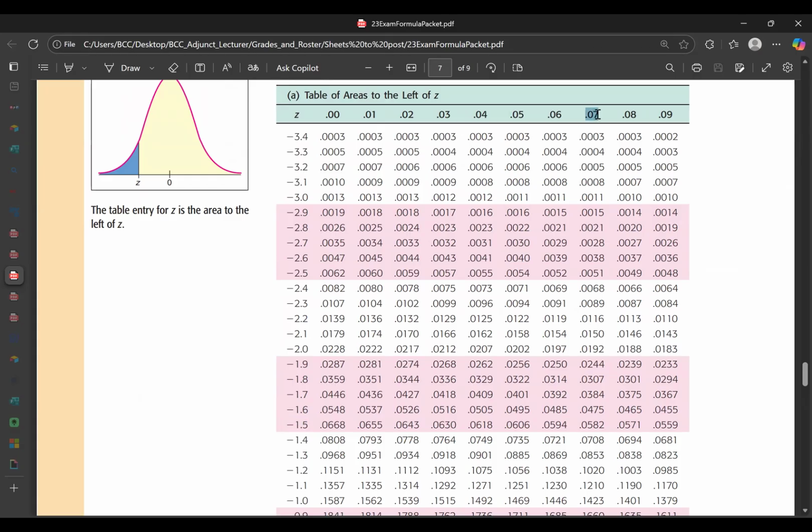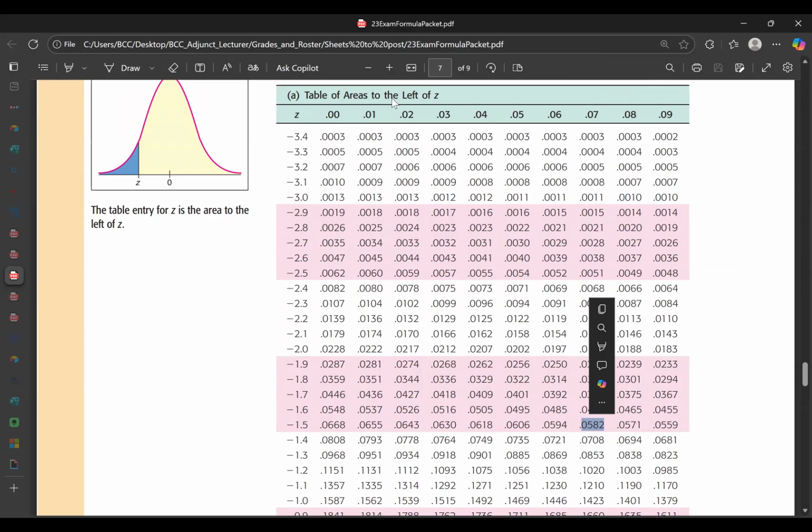Where do negative 1.5 and 0.7 intersect? It looks like they both intersect right here. This is the 0.0582. Let's write that in.